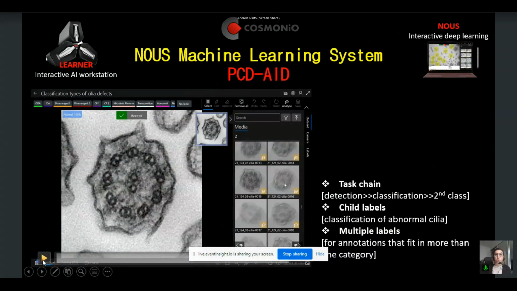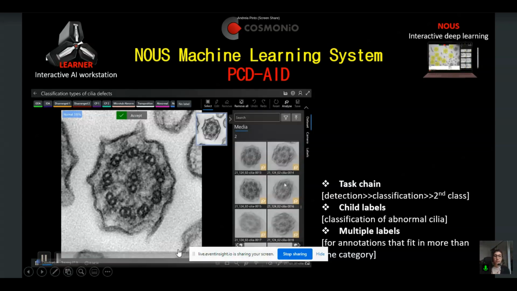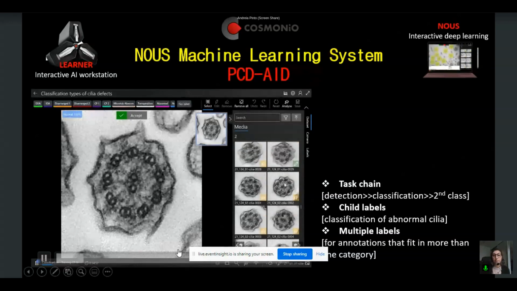And just to show you how it is behaving, this is already not training but analyzing. Well, it is training because I'm accepting the suggestion, but you can see that the NOUS is already analyzing and giving me feedback. In this case, I will select the cilia.